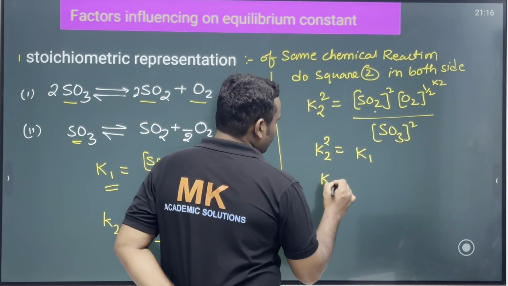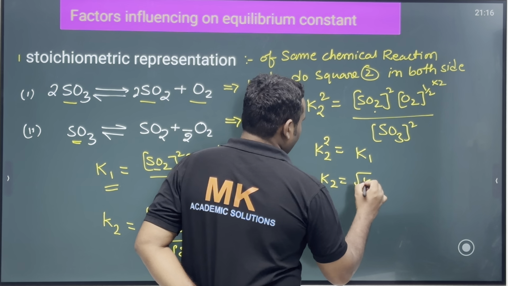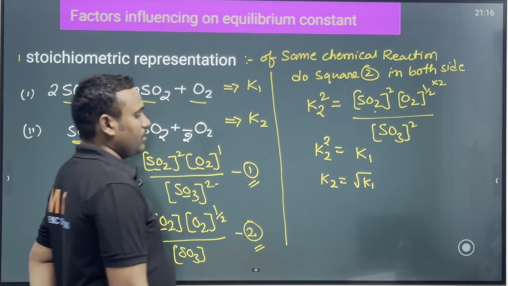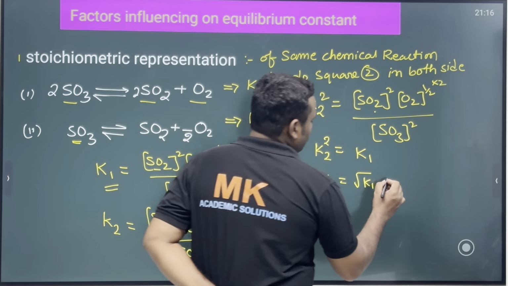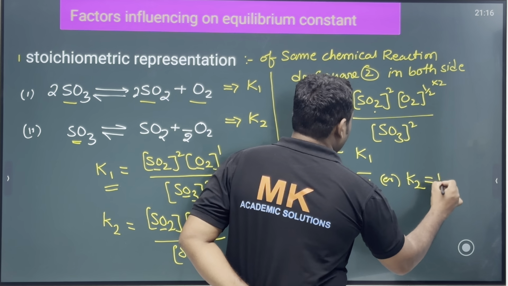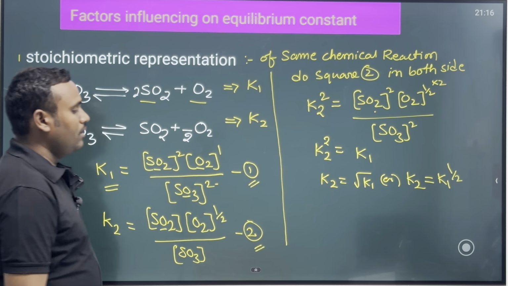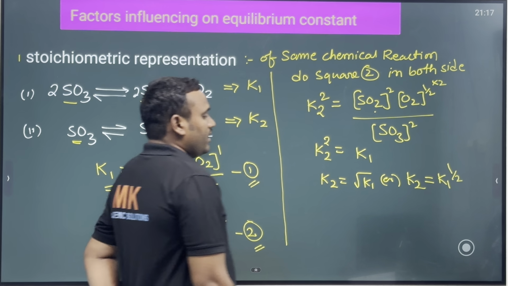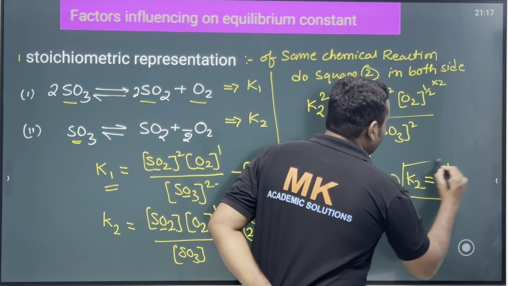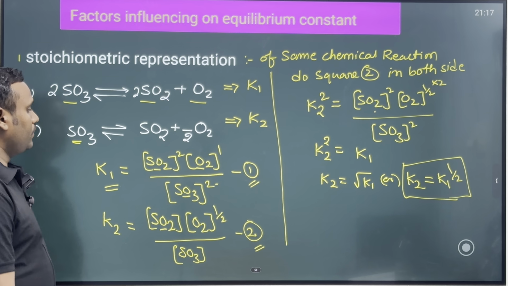Therefore K2 is equal to square root of K1, or we can write K2 is equal to K1 power 1 by 2.